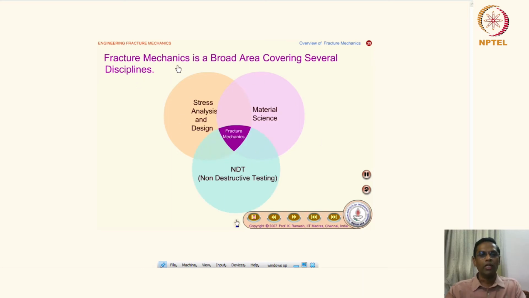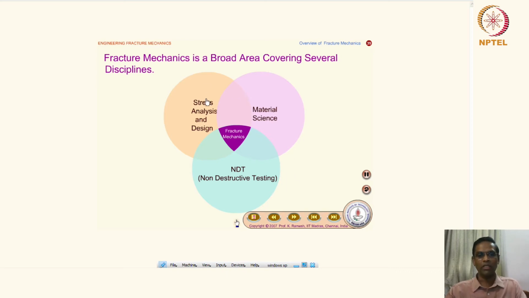So now, if you look at the branch, fracture mechanics is a broad area covering several disciplines. Like I mentioned in the beginning, this branch is being applied in different disciplines like mechanical engineering, applied mechanics, engineering design, aerospace, civil, materials, and so on.